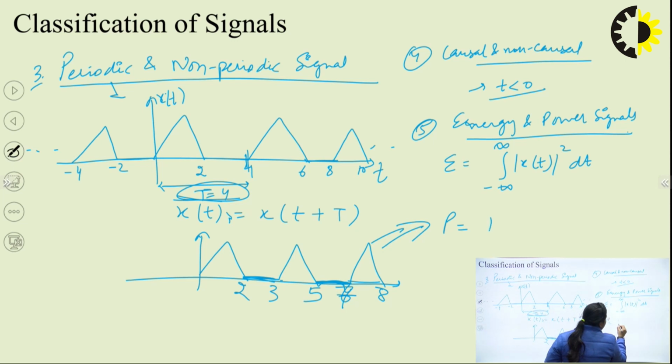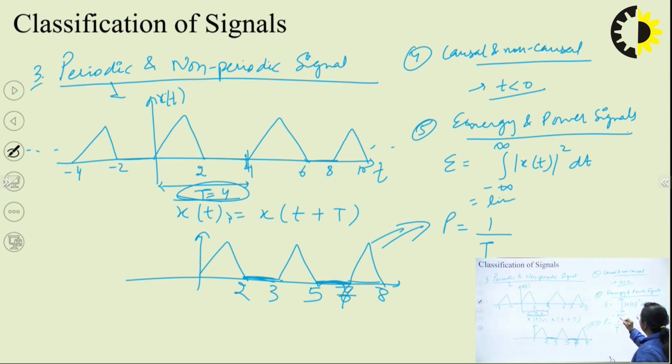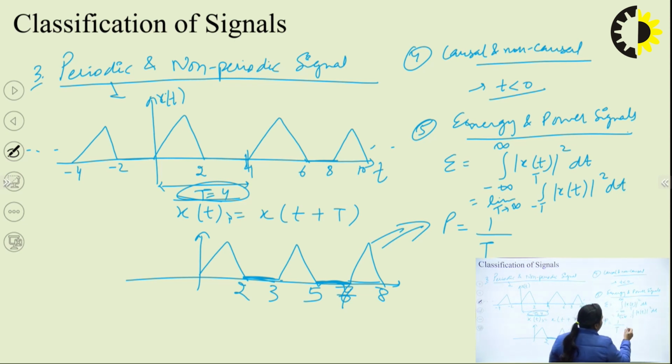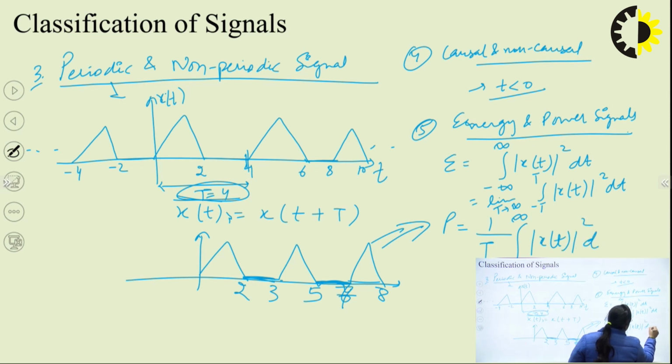And power will be 1 upon T, taking the limit as T tends to infinity, of the integral from minus T to T of x(t) square dt. So power is 1 by T times the integral of x(t) whole square dt.